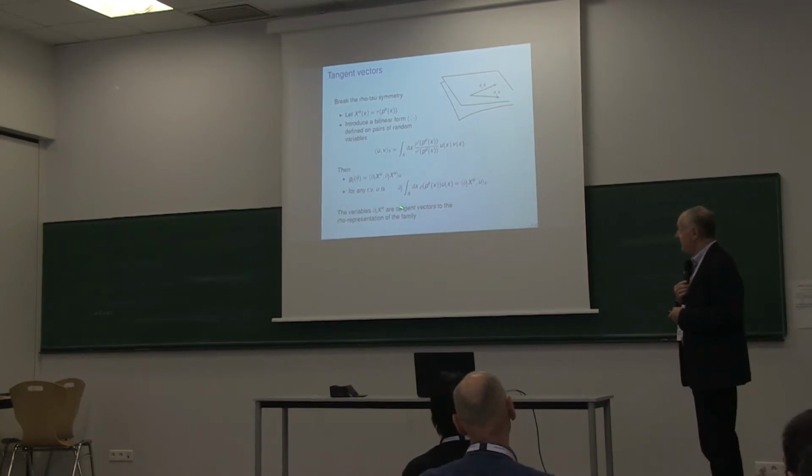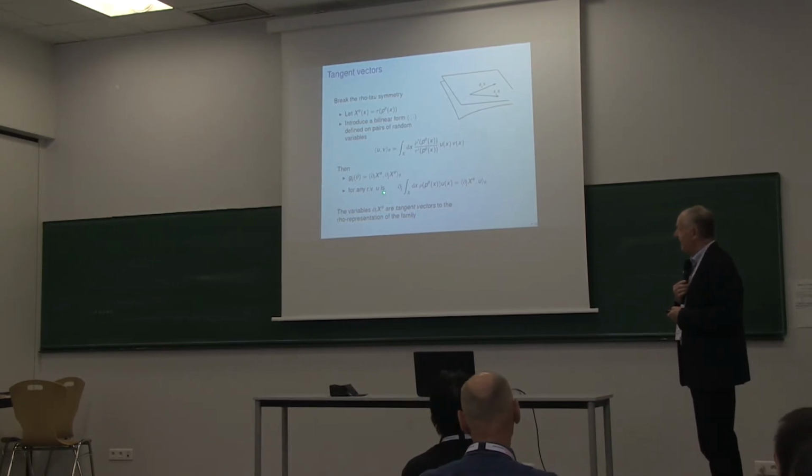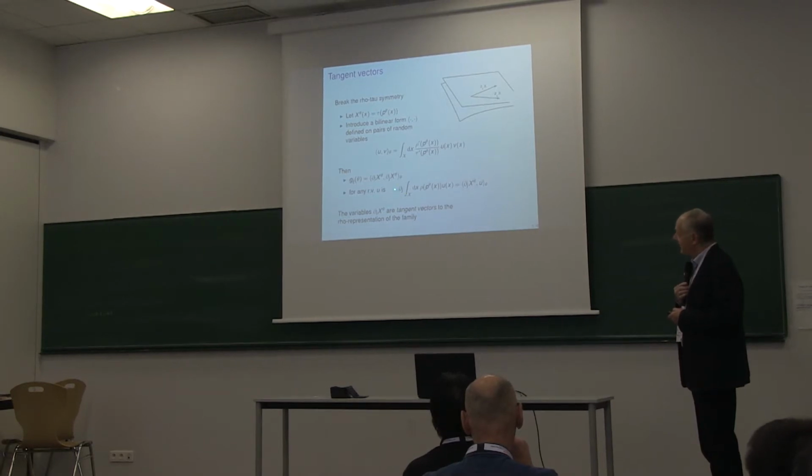And the reason to do that is that for an arbitrary random variable, if you calculate the derivative of what's written here, that's essentially the unnormalized expectation of that random variable u with respect to the rho embedding.